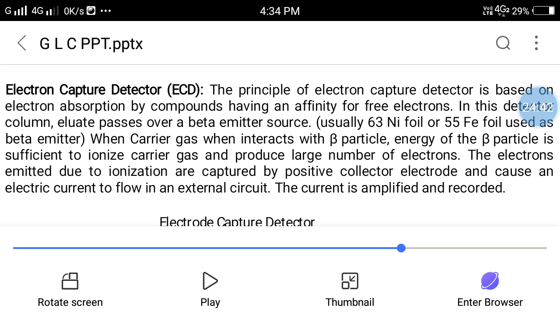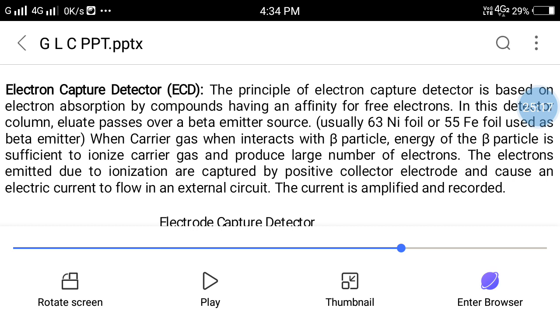The third detector is the electron capture detector, ECD. The principle of the electron capture detector is based on electron absorption by compounds having an affinity for free electrons. In this detector, the column effluent passes over a beta emitter source, usually nickel 63 foil or Fe55 foil used as a beta emitter. When the carrier gas interacts with the beta particle, the energy of the beta particle is sufficient to ionize the carrier gas and produce a large number of electrons.